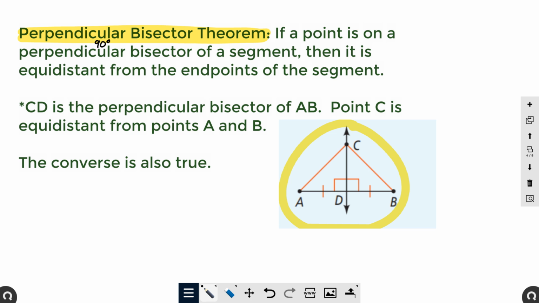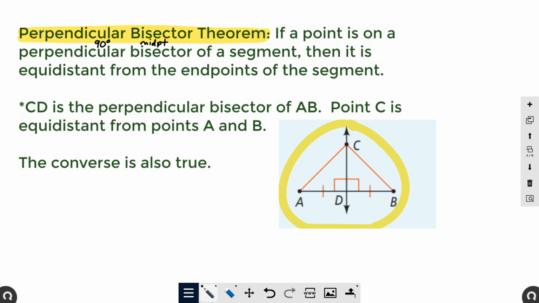Now, the other word that's key here is bisector. What does it mean to be a bisector? Cuts it in half. Good. And another word that you can also think about with that is midpoint. Remember how we talked about midpoint and bisector were similar to each other?